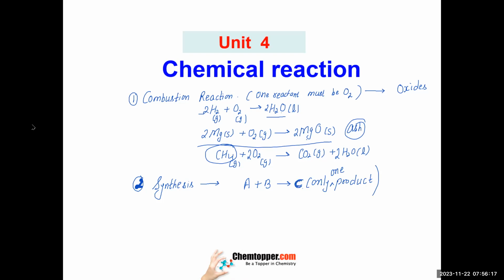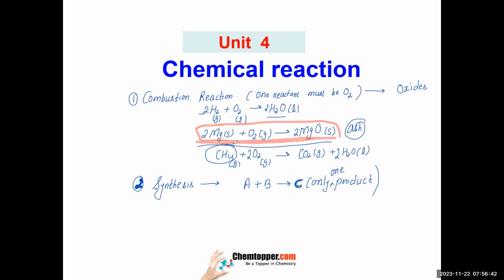So let's come back to our combustion. Is this a synthesis reaction? This one? Yeah, it is synthesis. Why? Because you're getting only one product. See? Is this a synthesis reaction? This one? Yes.